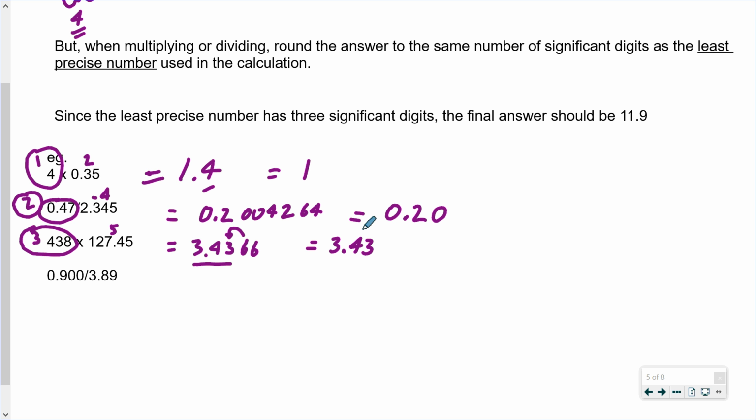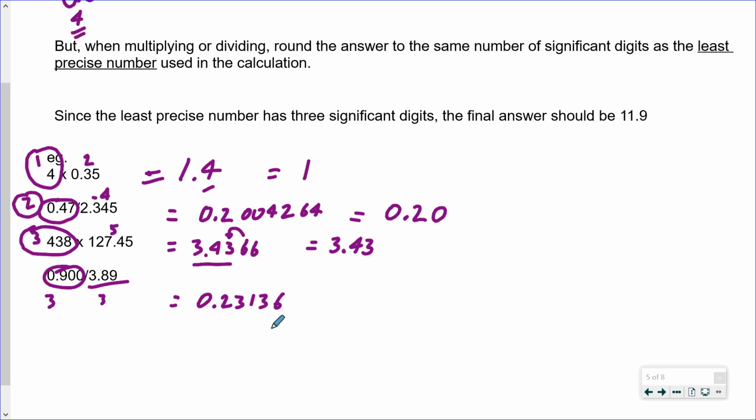And the final one that we have here, 0.900 divided by our 3.89. So here we end up with 0.23136. That should be good enough. Trailing zeros are significant. This one has 3. Well, so does this one. Also have 3.